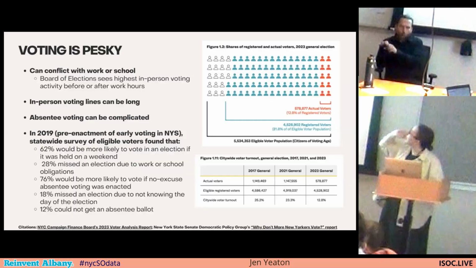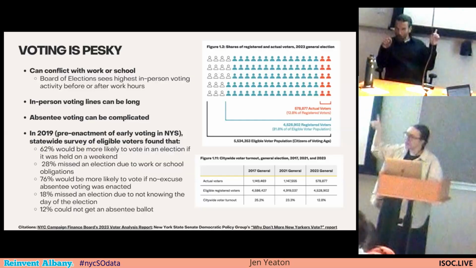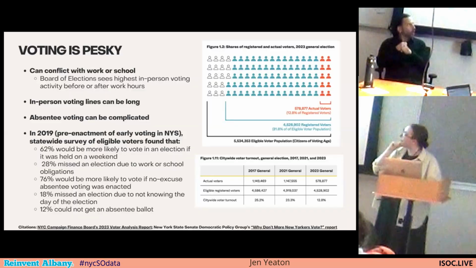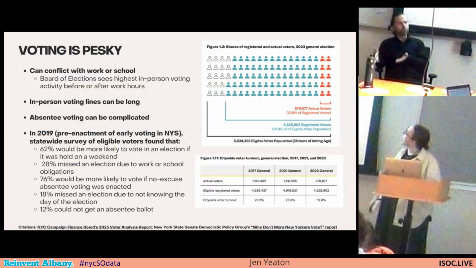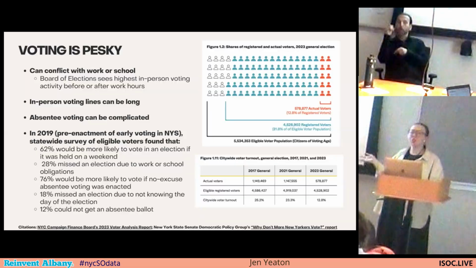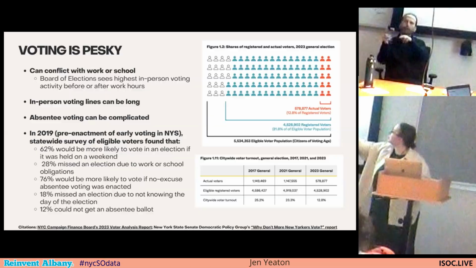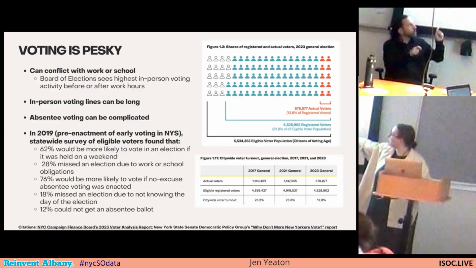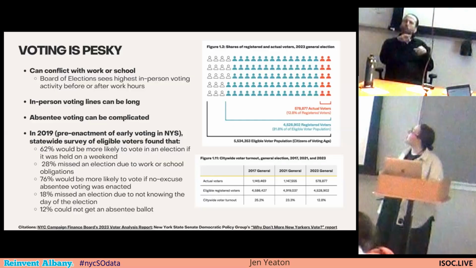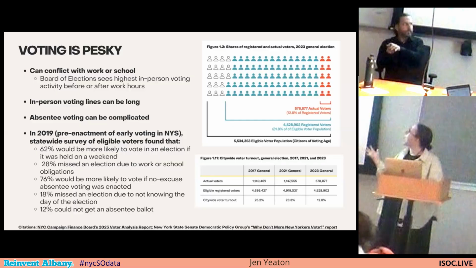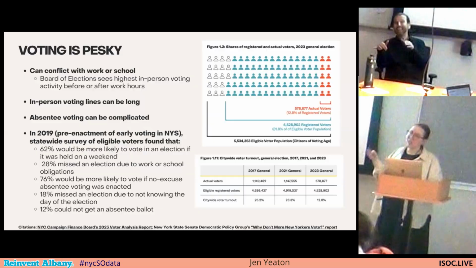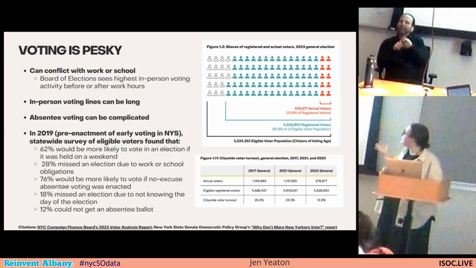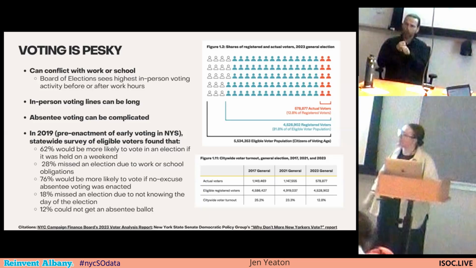I want to clarify that this is 2023, an odd year. Malika initially brought this up, but one idea people have in New York for increasing voter turnout is switching these odd election years, which we see down here with extraordinarily low voter turnout, to even years.